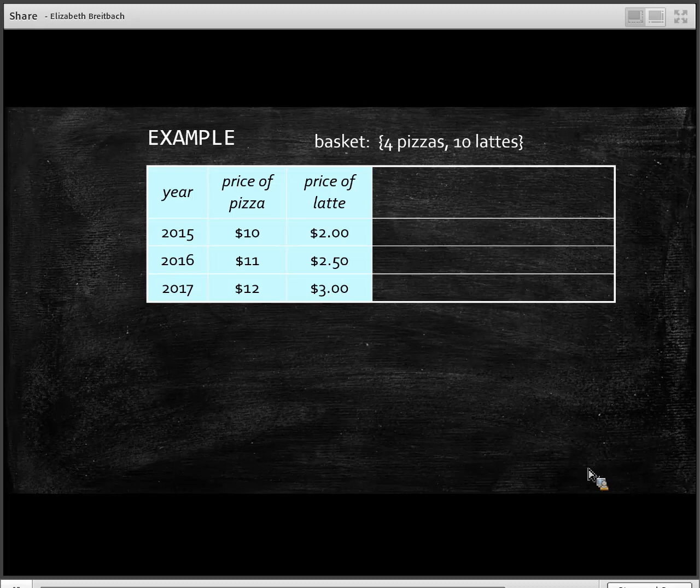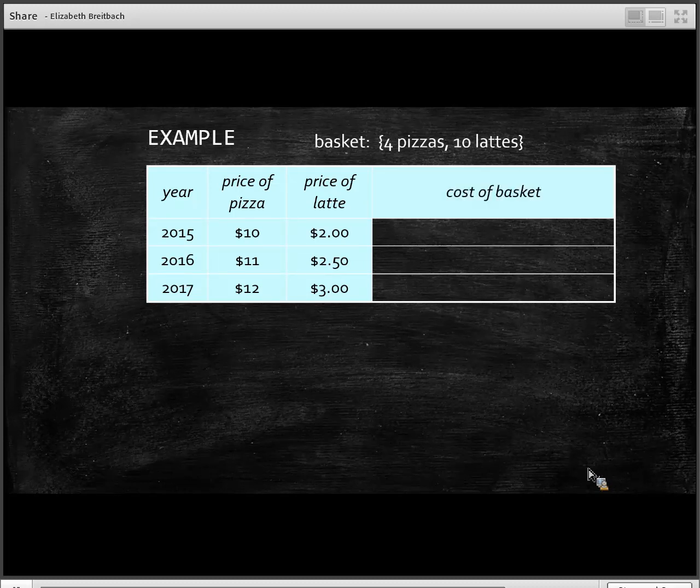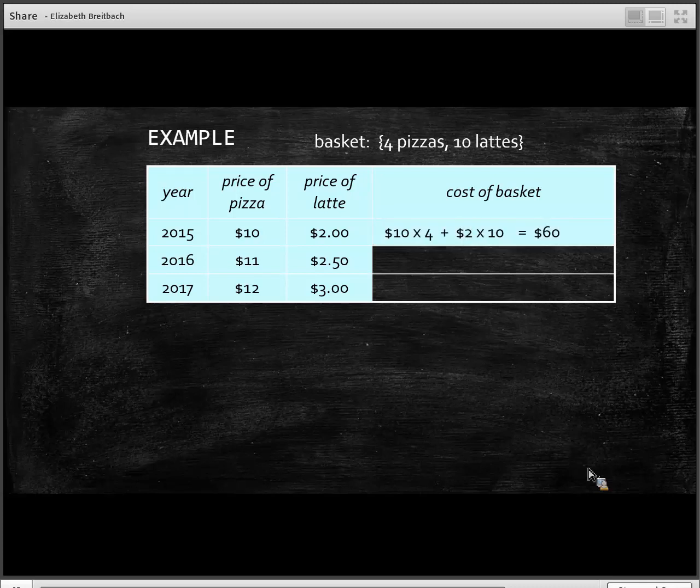All right, then step 3, calculate the cost of the basket. In each year we're purchasing 4 pizzas, and in each year we're purchasing 10 lattes. So in 2015, we buy 4 pizzas at $10 a piece, so 4 times 10 is $40, and then we purchase 10 lattes at $2 a piece, that's $20, and when we add that 40 and 20 together, we get 60.